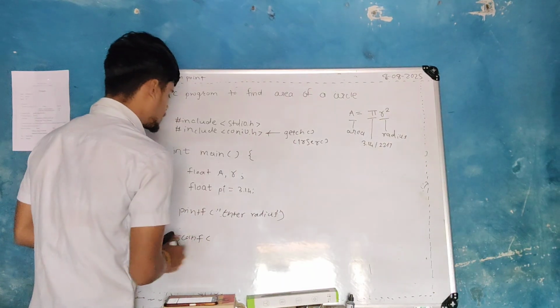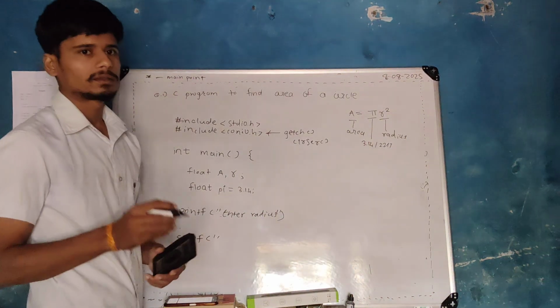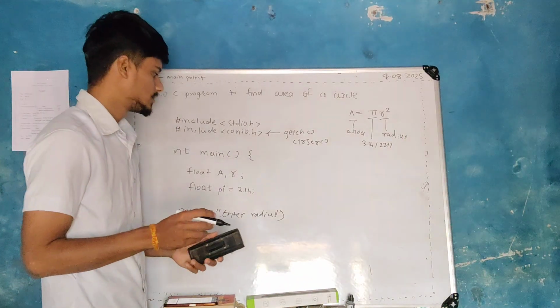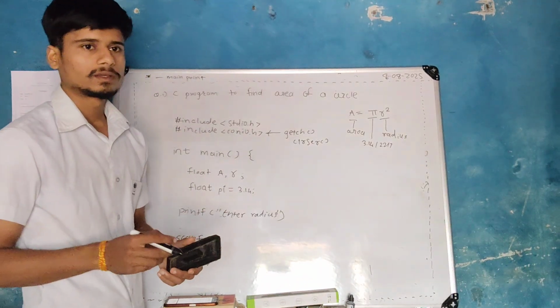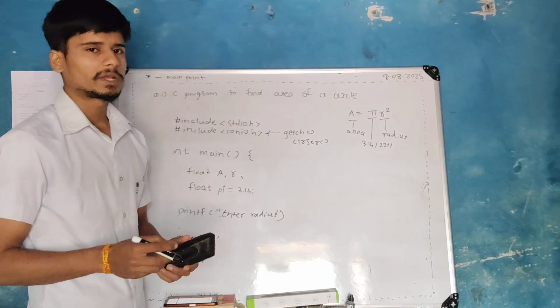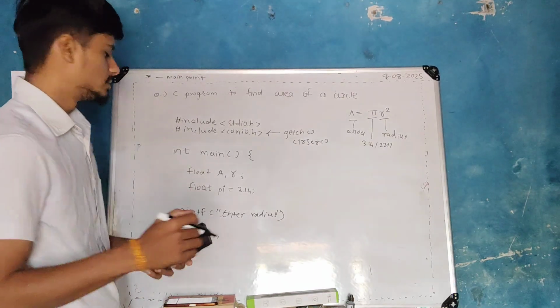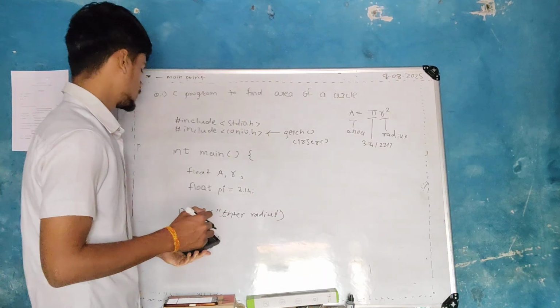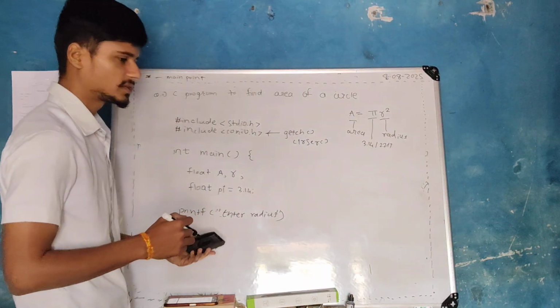When the user enters the radius, the computer has to take it as input, so it needs to use the scanf function.